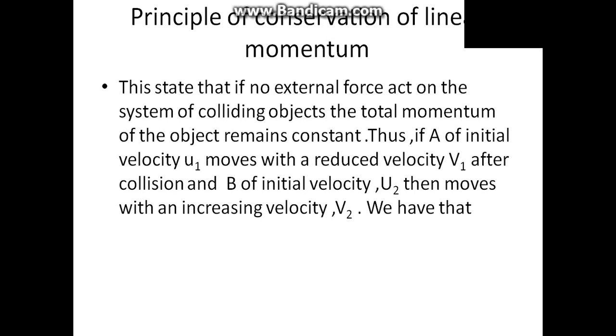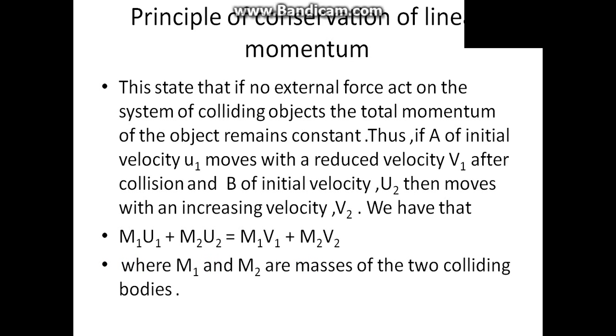Thus, if A of initial velocity u1 moves with a reduced velocity v1 after collision, and B of initial velocity u2 then moves with an increased velocity v2, we have that m1u1 plus m2u2 is equal to m1v1 plus m2v2, where m1 and m2 are the masses of the two colliding bodies.